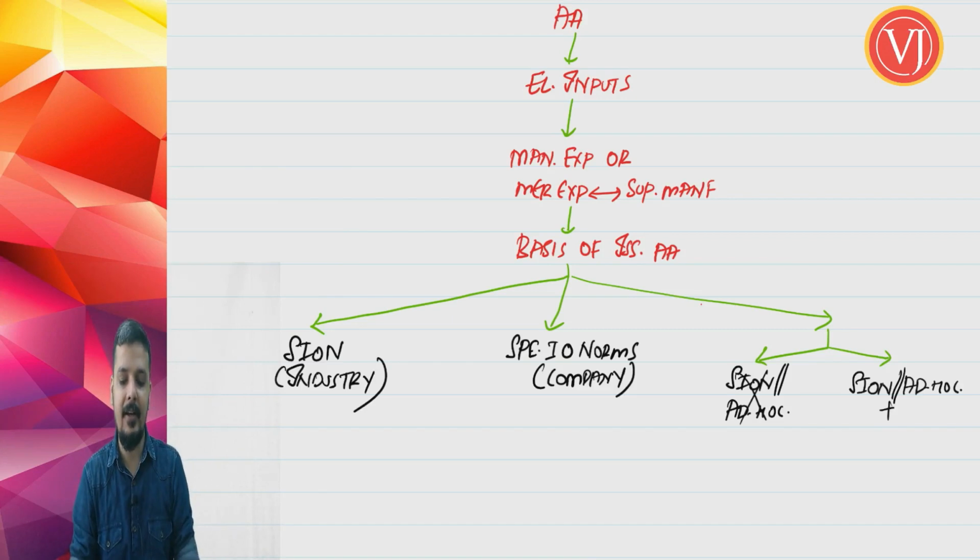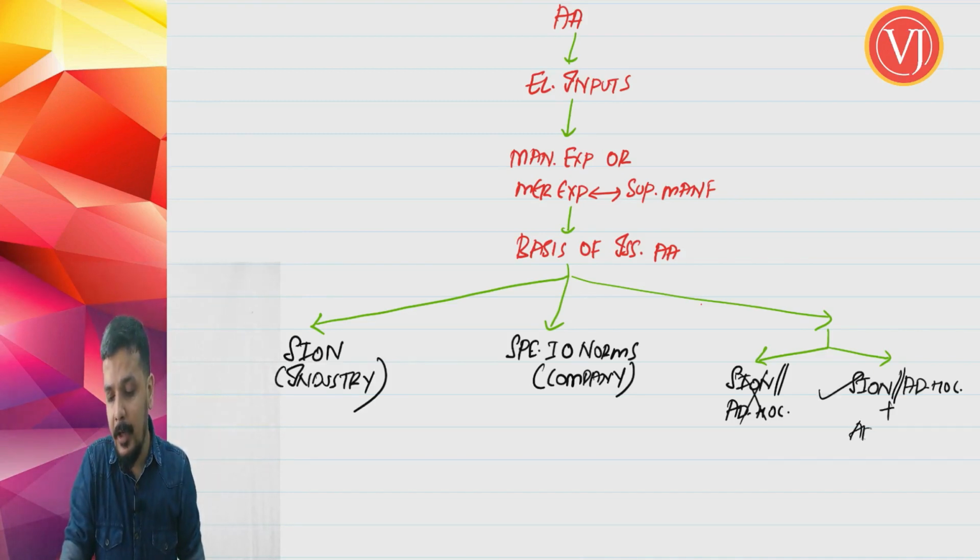Friends, the first category I can call standard input output norms. Second category is ad hoc norms. When you're talking about the third category, either you don't have standard input output norms or ad hoc norms, or you have them but you are planning to import additional inputs.